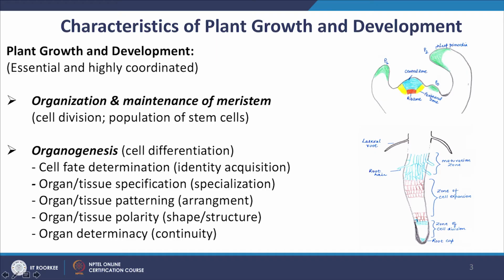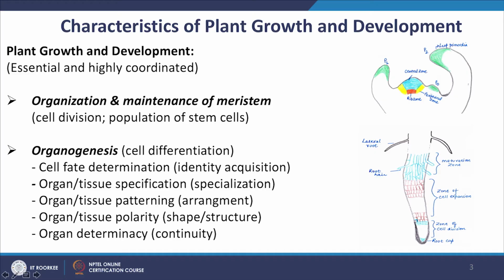The second process that occurs during organogenesis is tissue specification. One organ is not made up of a single tissue; there are multiple tissues, and different tissues have different structure, different function, different organization. So the second stage after fate determination is tissue specification, where tissue specialization occurs.